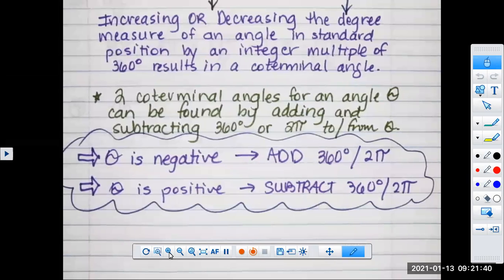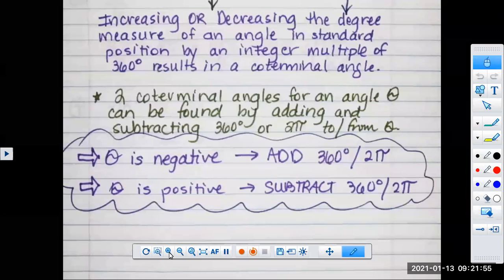But for your directions in 4.1, they always want you to find an angle that is between 0 and 2 pi or between 0 and 360, meaning they want a positive coterminal angle with the one they give you in the problem.